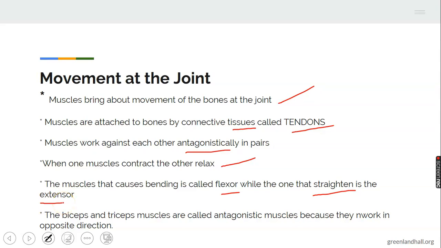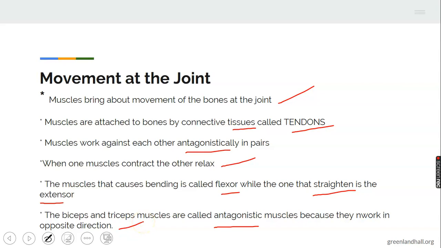The biceps and triceps muscles that aid the movement of the forearm are called antagonistic muscles because they work in opposite directions.